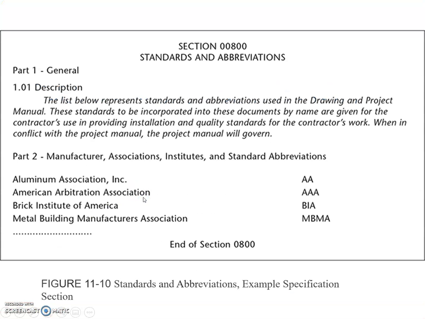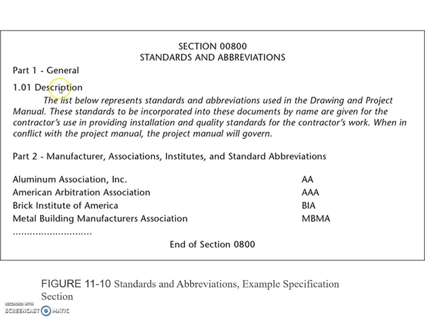Okay, so the next slide is showing the standards and abbreviations examples. So this is an example of the specification language used to reference associations and their standard method of installation and other quality standards.